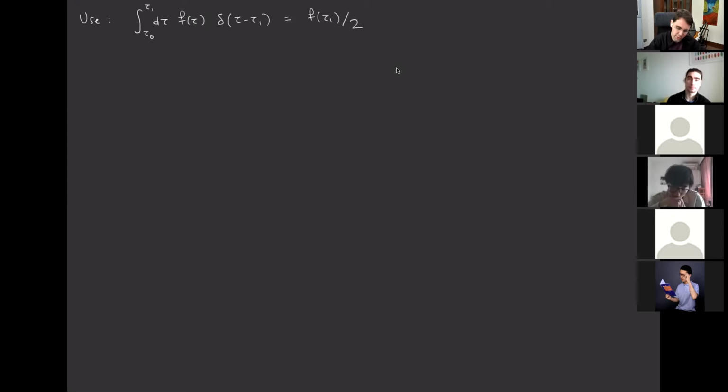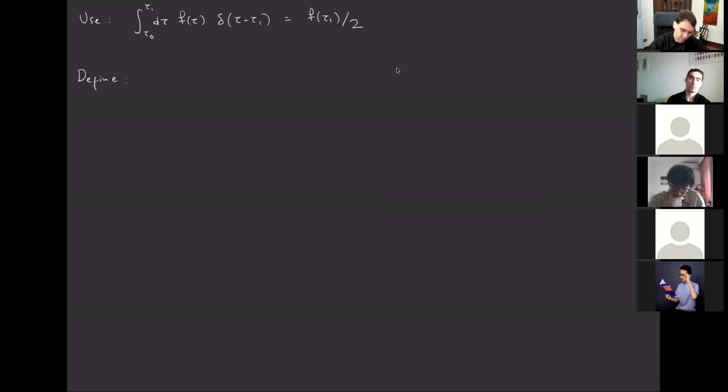And in the notes I made an argumentation of why this is the case, just in case you haven't been told this property of the delta function carefully. This also depends on conventions, but within the context that we are working on, this is a correct property.